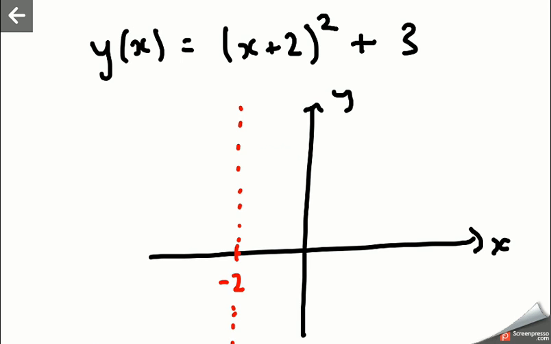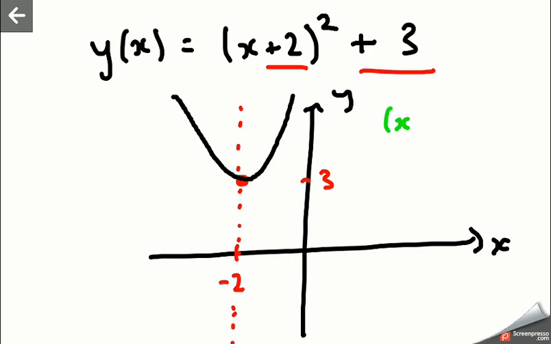And the plus 3 tells me it goes up by 3. So here's 3. So our turning point is going to be here, and our parabola is going to look something like this.